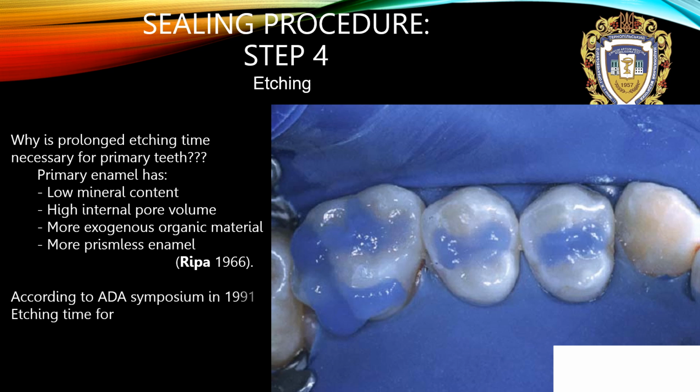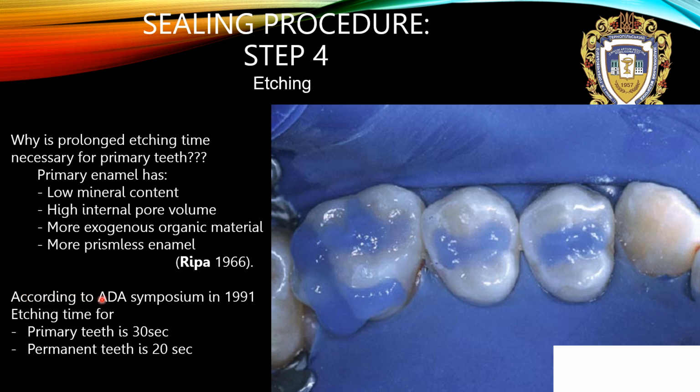And why is prolonged etching time necessary for primary teeth? Primary enamel has a low mineral component, high internal pore volume, more exogenous organic material, and more prismless enamel, according to Ripa's evaluation published in 1966.